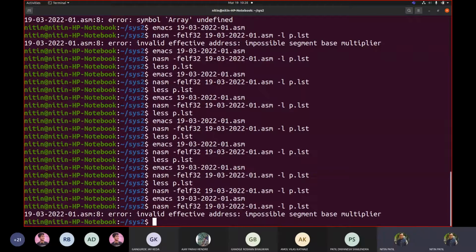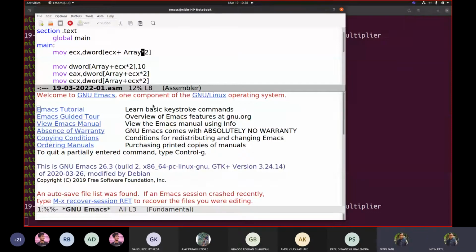So if I try to make use of that multiplicative factor, then ultimately it is showing me that part. So what happens here? If I take only this.